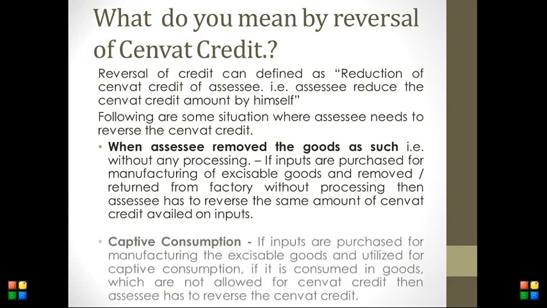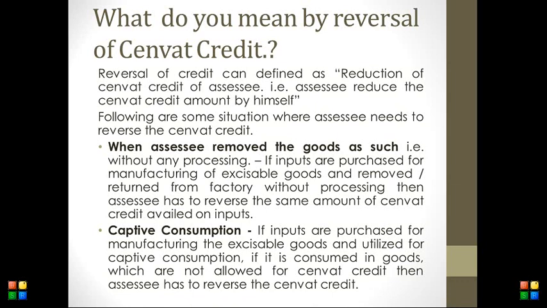Next one is captive consumption. If the inputs are purchased for manufacturing of excisable goods and utilized for captive consumption, that is, consumed in goods which are not allowed for Cenvat credit, then the assessee has to reverse the Cenvat credit.